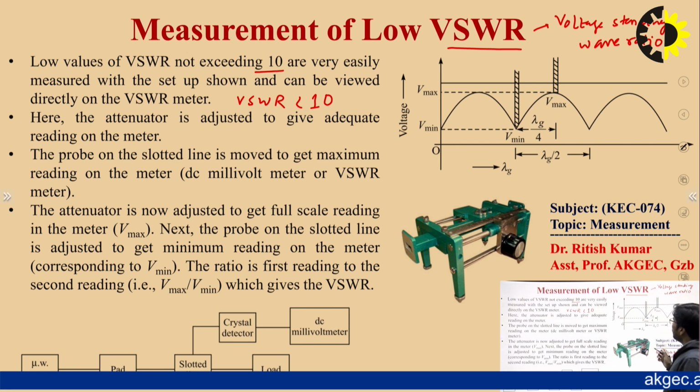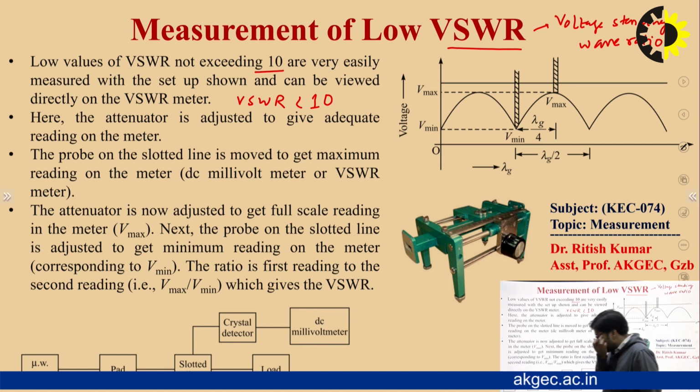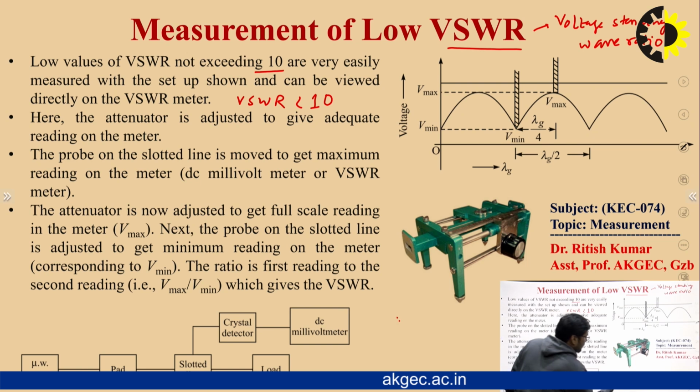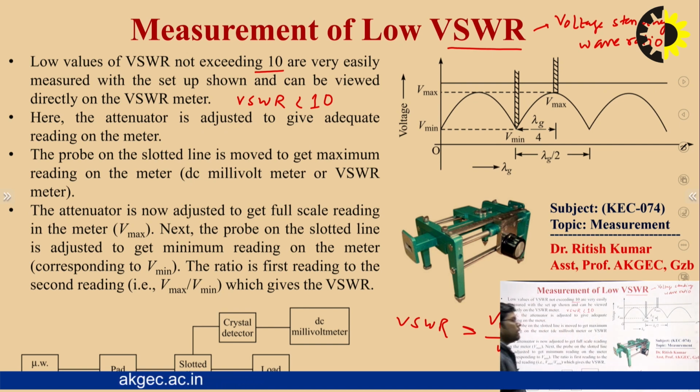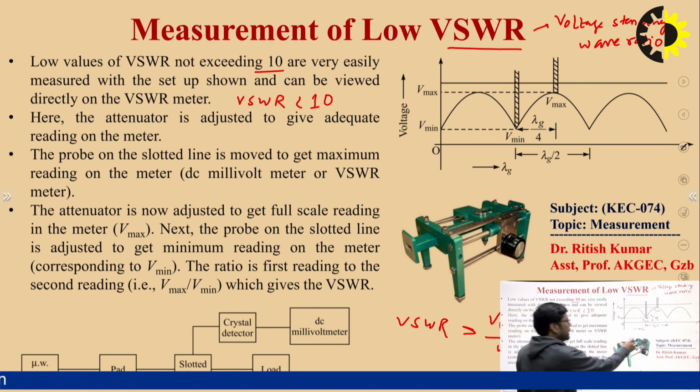So, how can we obtain this kind of pattern? As we know, VSWR is the ratio of V maximum divided by V minimum. So, we have to identify the maximum voltage and minimum voltage over the slotted waveguide section.